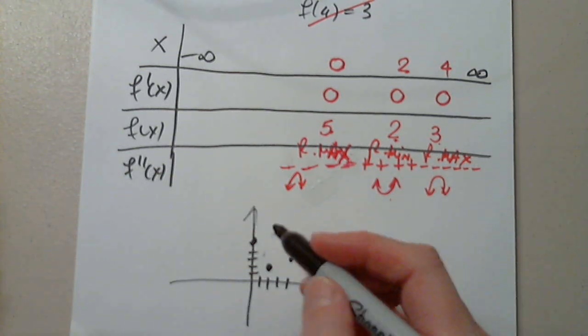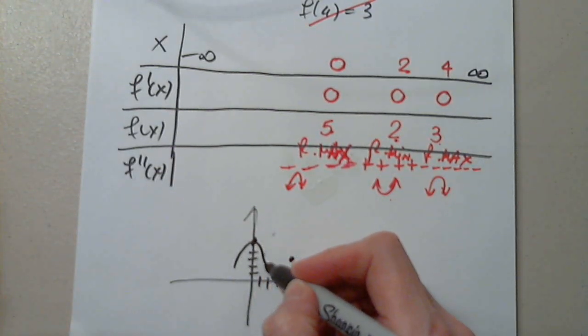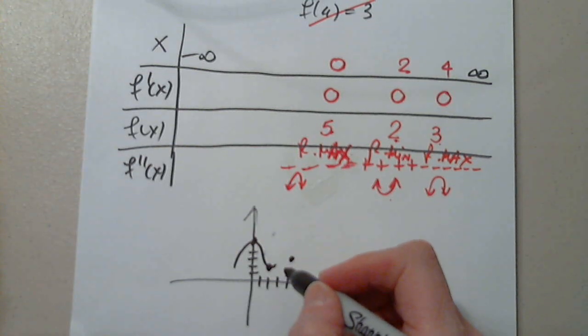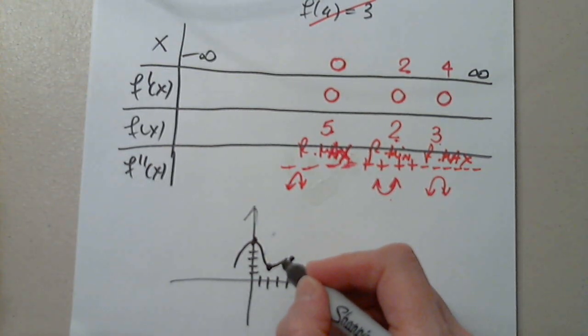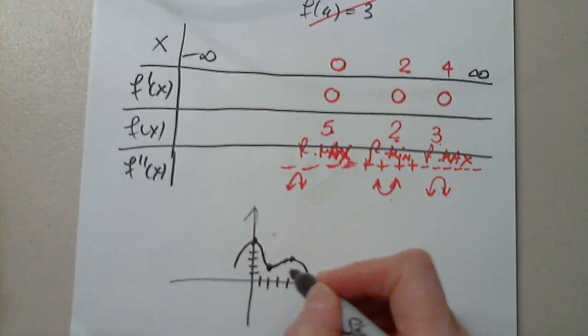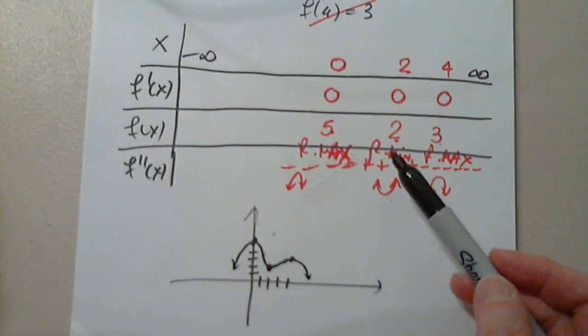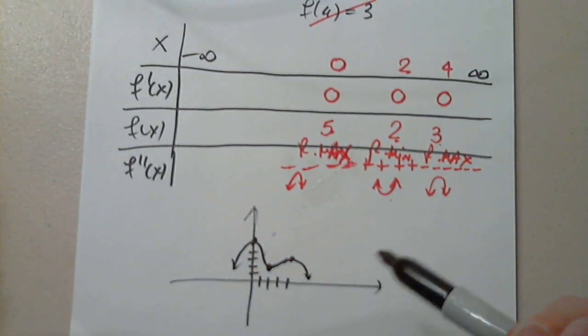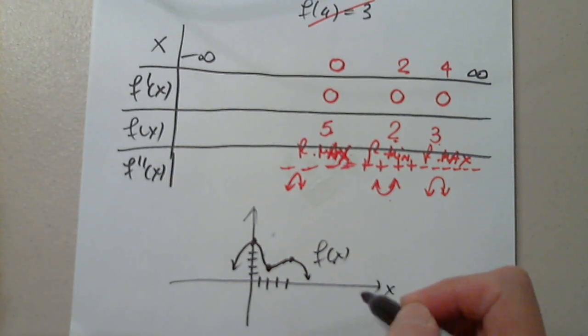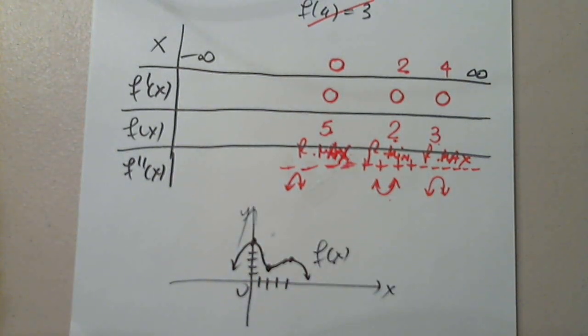This has to be a relative max. Relative max, relative min, relative max. This is my example of f of x. Very good pick. Thank you.